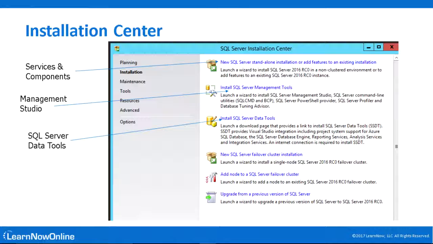The next area of this Installation Center screen are two for cluster failover installations. This includes adding a new node to a cluster, as well as starting a new cluster installation for the SQL Server components. You still need the Windows clustering first before you can use these features. This is more an advanced topic for installations.